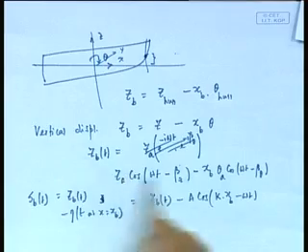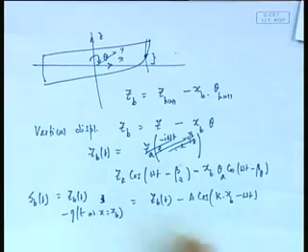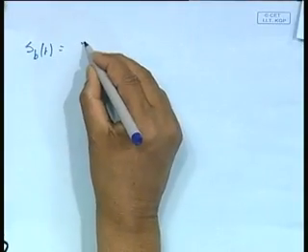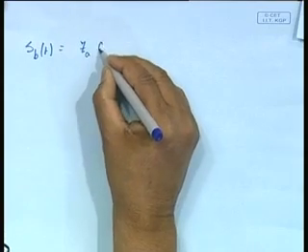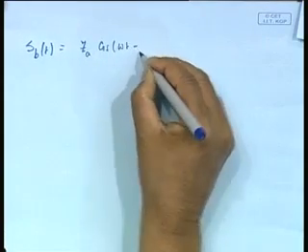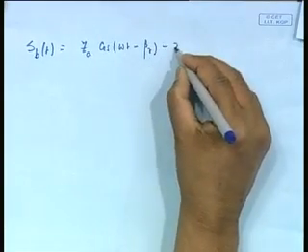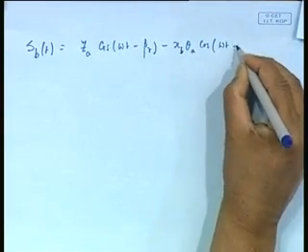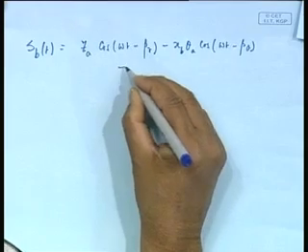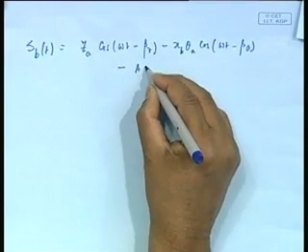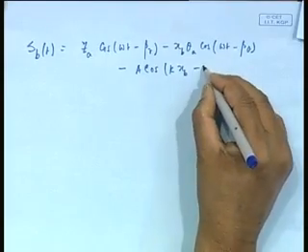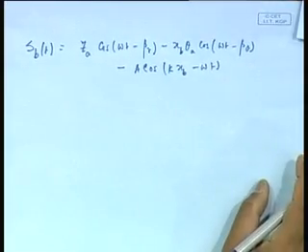Now, you see, if you add this and this, the entire S_B, go to the next slide, I end up getting S_B(t), if I were to write it as Z_A cos(omega t minus beta_Z) minus x_B theta_A cos(omega t minus beta theta) minus A, the amplitude of the wave, cos(k x_B minus omega t). Omega can be omega_e, of course, in our case.